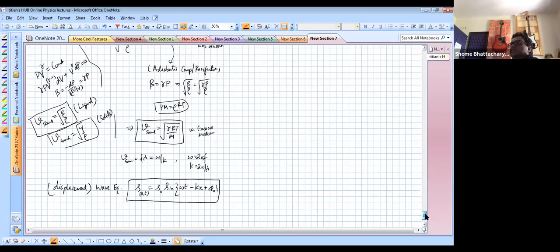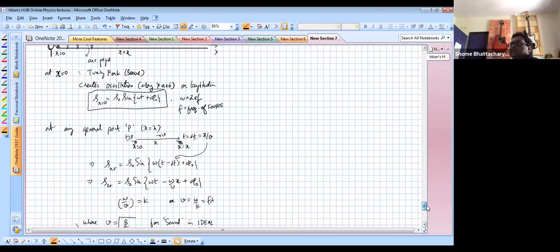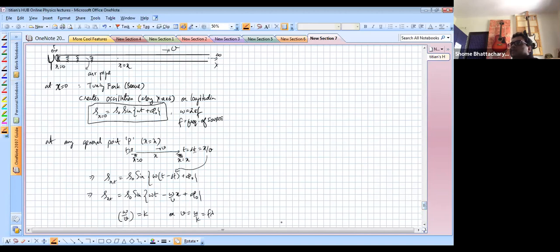So this is the first part, how we represent sound as a traveling longitudinal displacement, which has a certain longitudinal displacement amplitude S naught, a certain frequency f, which is the frequency of the source which is creating it, but which has a wavelength lambda, and that wavelength depends on the properties of the medium also, because lambda is equal to v by f, and v is the property of the medium.